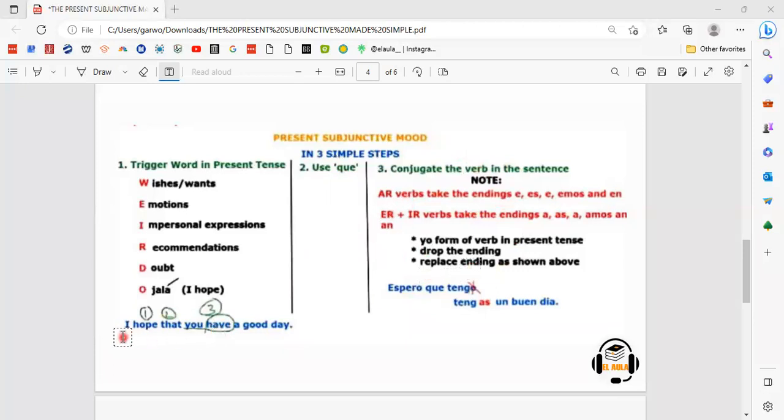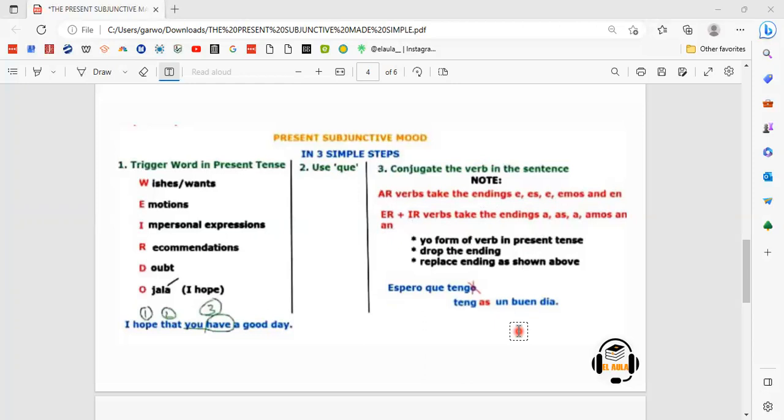So if you realize, I hope, trigger word is hope, that, which would be que in Spanish. And then you have, I hope that you have a good day. So of course, trigger word, que, and then our third part is the actual present subjunctive conjugation where we have a change of subject.